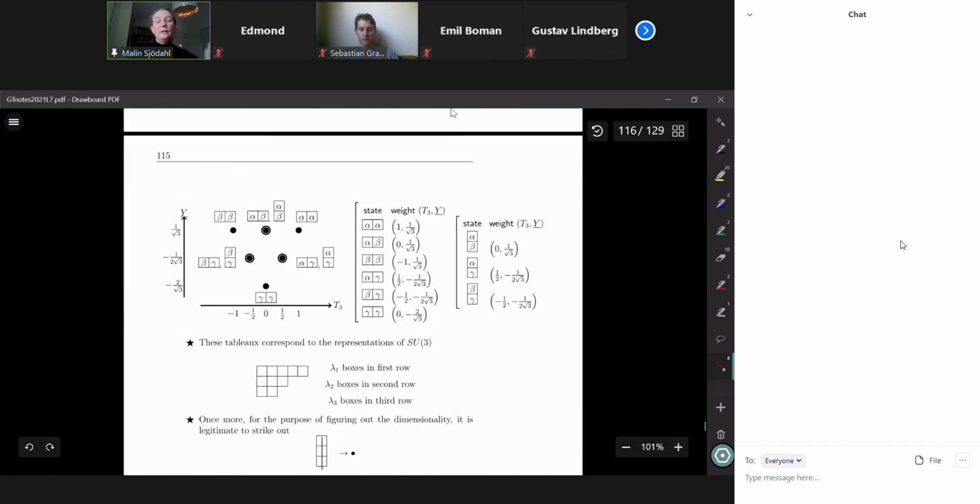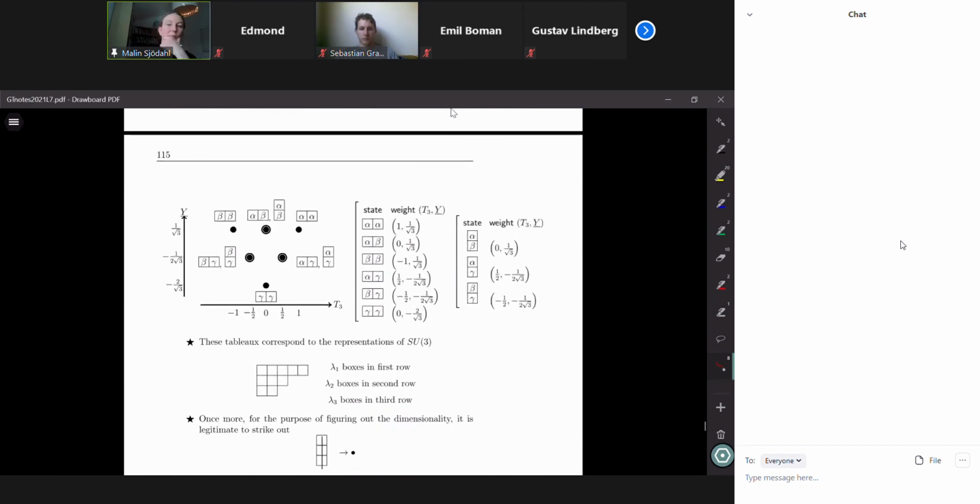These different states can also be plotted in the weight diagrams that we have seen.